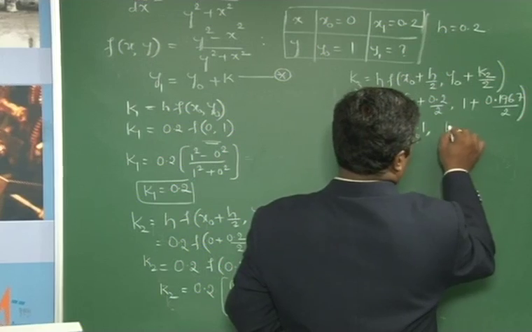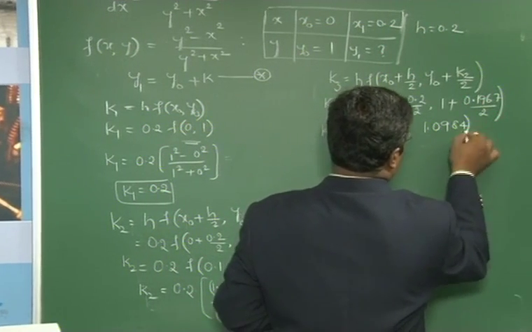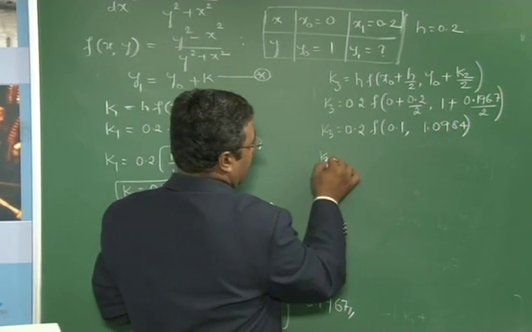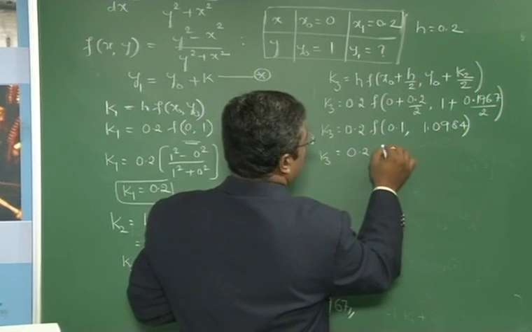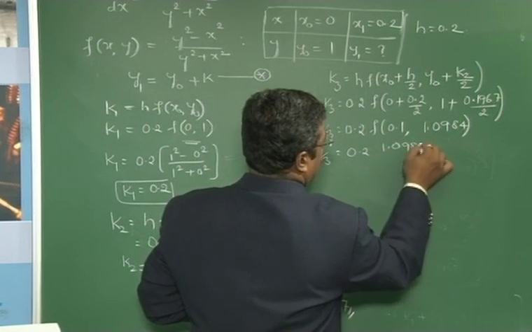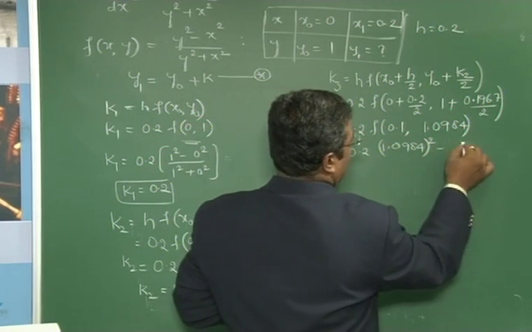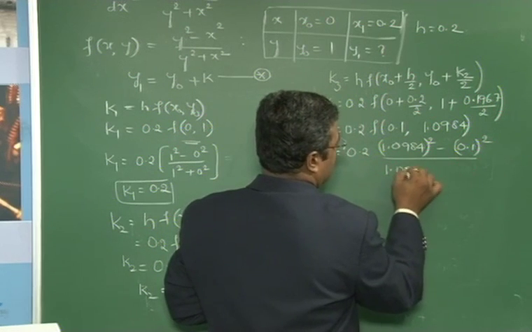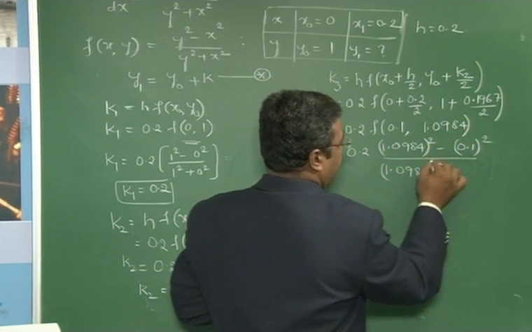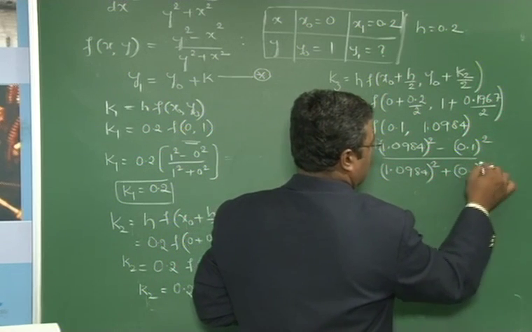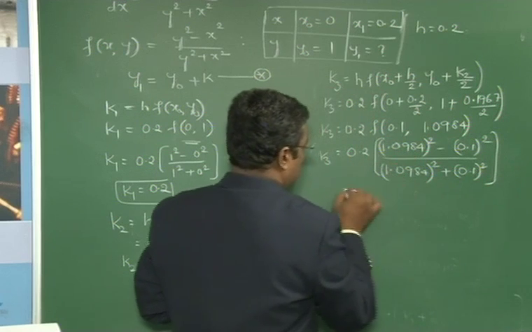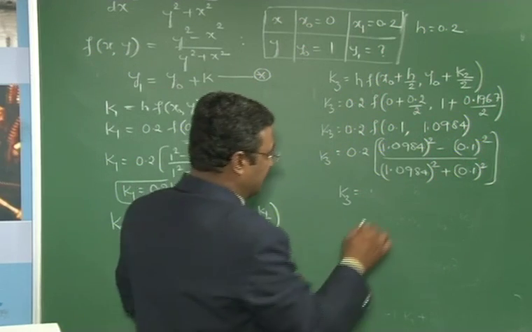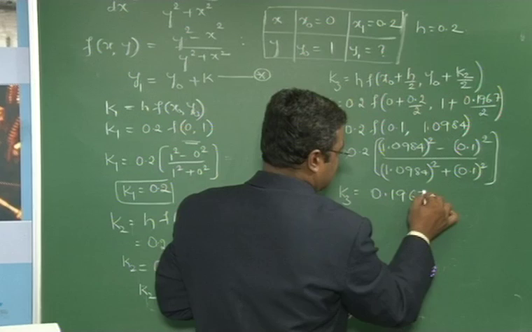Now these values of x and y substituted in the given equation give k3 equal to 0.2 times (1.0984² − 0.1²)/(1.0984² + 0.1²). Simplifying this using your calculator, we get the same value, 0.1967, to this accuracy.